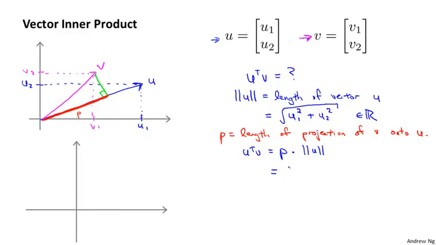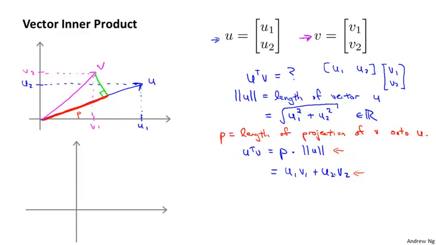Which is if you take u transpose v, then u transpose is this u1, u2, a 1 by 2 matrix, and then times v, and so this should actually give you u1 v1 plus u2 v2. And it's a theorem of linear algebra that these two formulas give you the same answer.